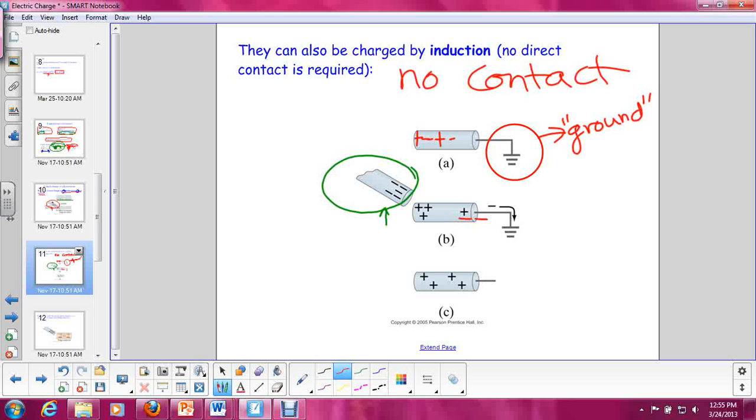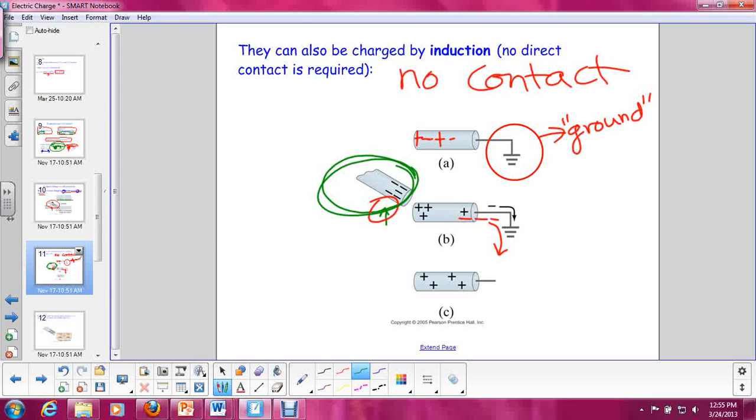They're going to want to get as far away from this negative as possible. And what happens when you do that is that the electrons literally leave the object. They take the path to the ground and they escape.